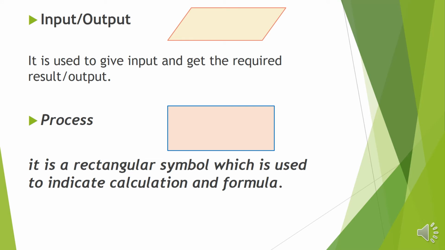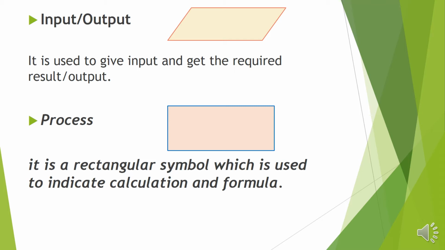The parallelogram symbol represents input and output operations in a flowchart. It means that it is used to give input and to get the required result as output. The rectangle symbol is used to indicate a calculation or formula.